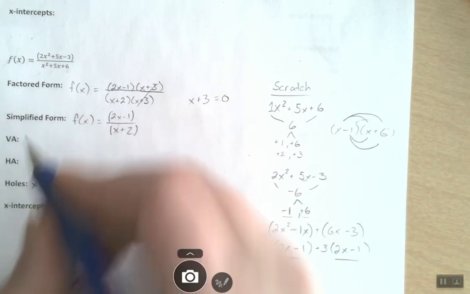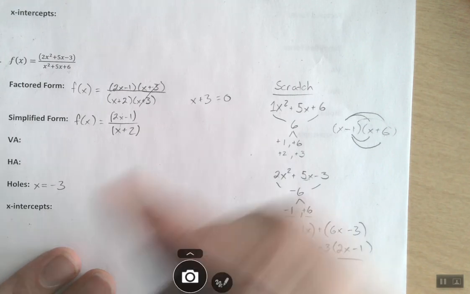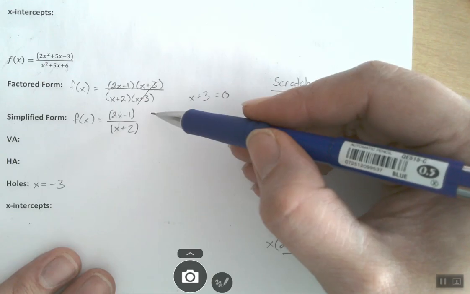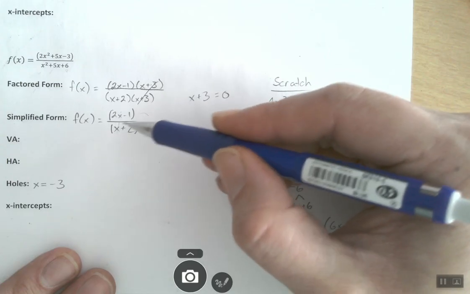How do I find the vertical asymptotes? So d of x, what is the denominator here, and what value of x makes it a 0? So good, I'm dividing by this, right? This is my denominator.